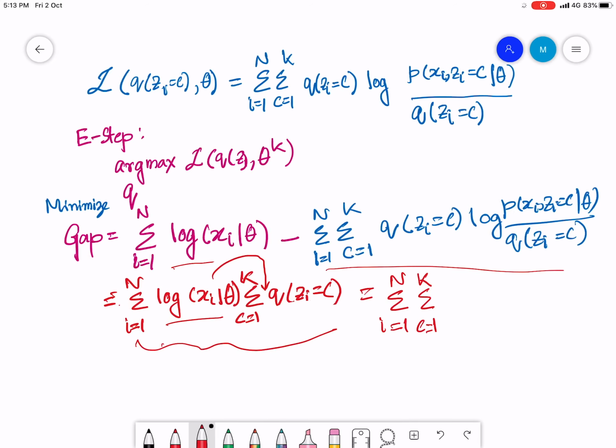I could bring it inside because this part is independent of C.